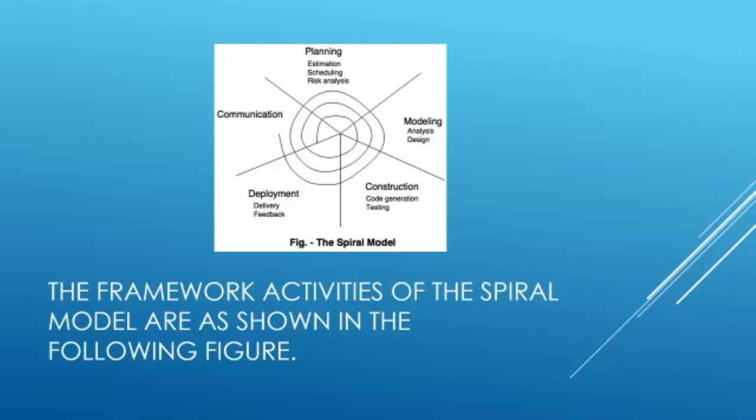In the planning phase, we do estimation, scheduling and risk analysis. In the third modeling phase, we do the analysis and design of the process. In the fourth construction phase, there is code generation and testing, and the fifth is the deployment phase, delivery and feedback. That means the product is delivered to the customer.